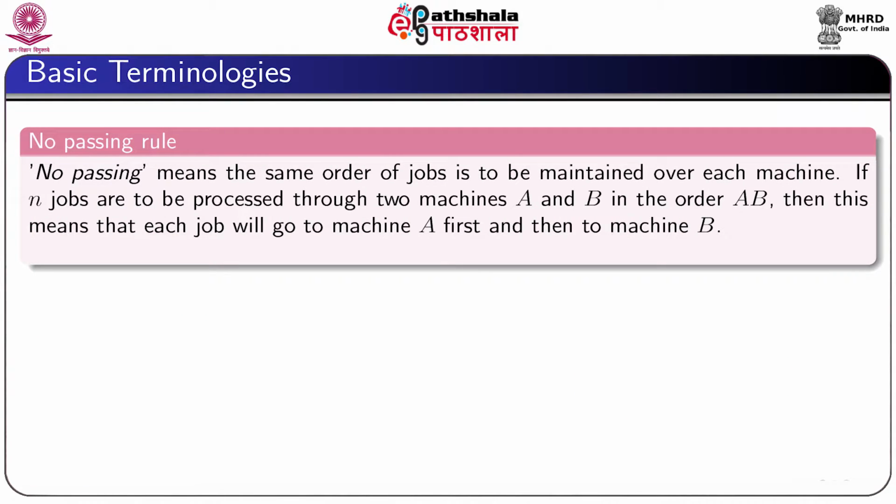No passing rule: this means that passing is not allowed, that is, the same order of jobs is maintained over each machine. If n jobs are to be processed through two machines A and B in the order A B, then this means that each job will go to machine A first and then to machine B.